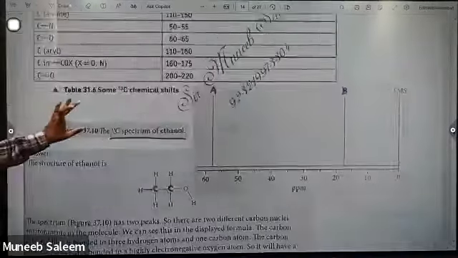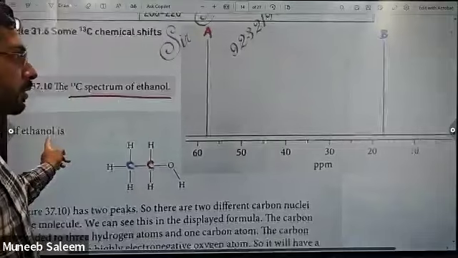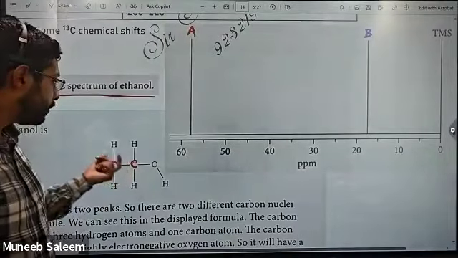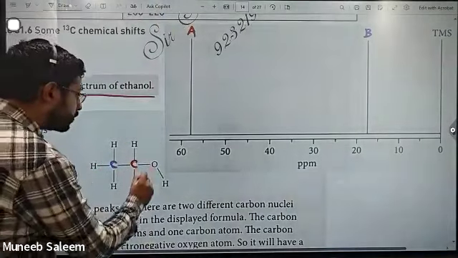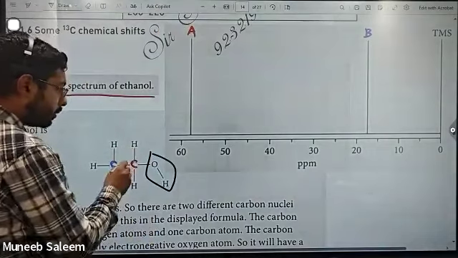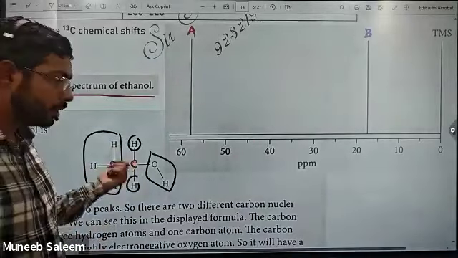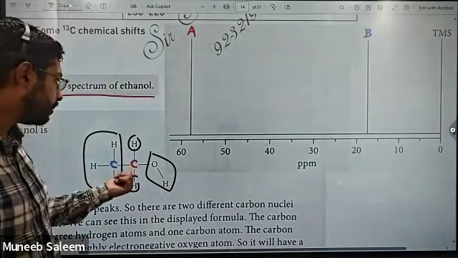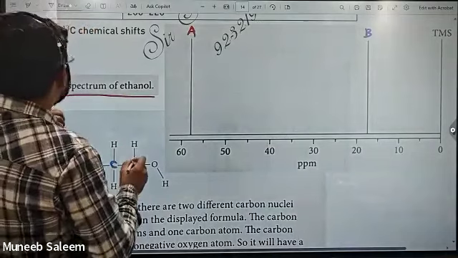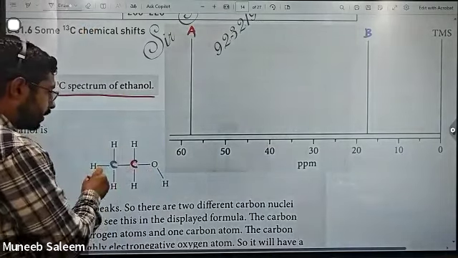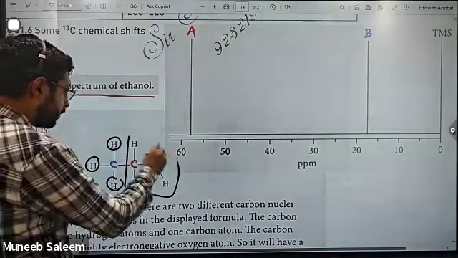Now we have to decide what this spectrum is representing. If we apply carbon-13 NMR on this compound, we will see that we have two carbon atoms. This red carbon atom is surrounded by the OH group, two hydrogen atoms, and this whole methyl group. This is the chemical environment of the red carbon atom. Whereas for the blue carbon atom, the environment consists of hydrogens, just like this carbon also had hydrogens, and then this whole molecule.